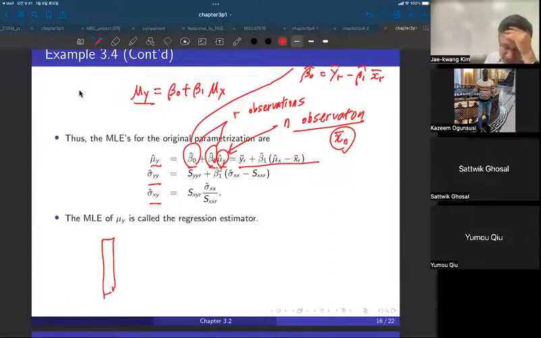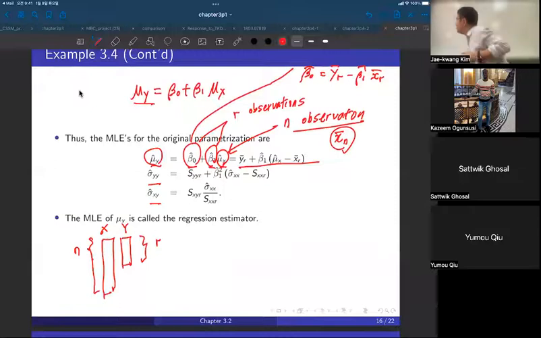This is actually kind of interesting because we have something like this: R and N. This is the data structure. We have N observations of the X and R observations of the Y. So basically this is missing data.